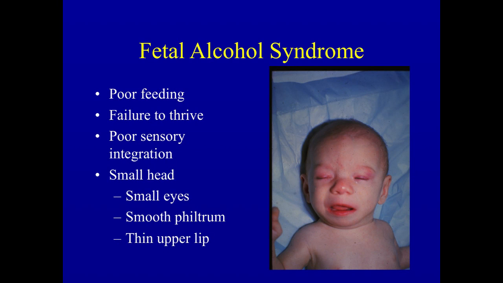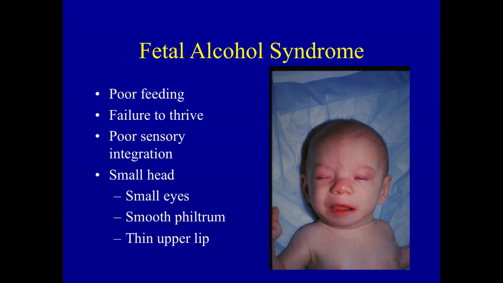And then most importantly, they recognized that these babies had been born to women who had an alcohol abuse problem, who for whatever reason could not stop drinking during their pregnancies, and their babies are harmed as a result.